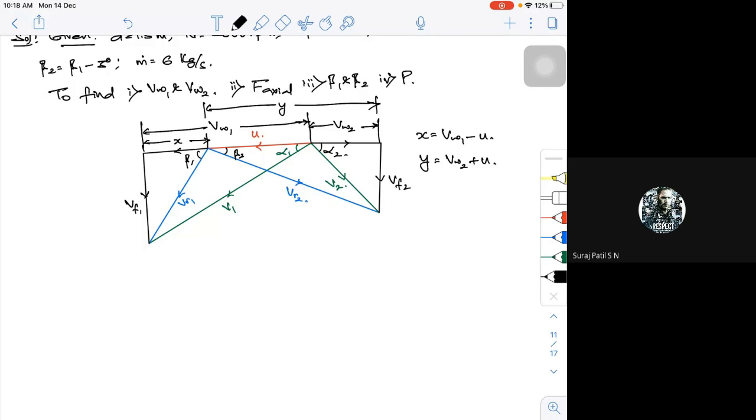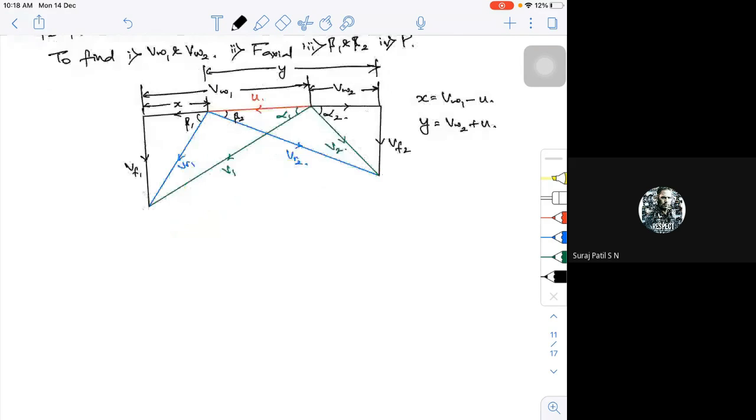One thing you have to be very careful about: VW1 is in this direction and VW2 is in this direction. When you are calculating, if any value changes from your trigonometric relations, you have to redraw your velocity triangle, because what I have drawn is not to the scale.